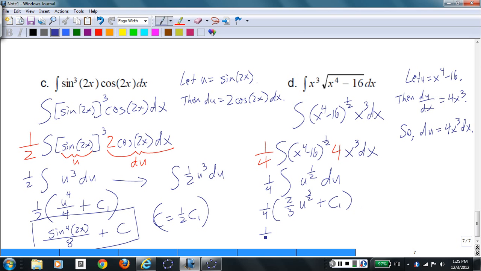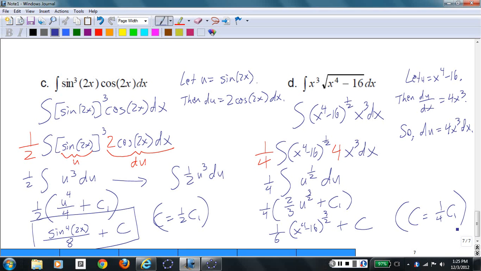So this is going to be 1/4. Actually, save a step there. 1/4 times 2/3 is going to be 1/6 times x to the 4th minus 16 to the 3/2 plus c, where c equals 1/4 of whatever c sub 1 was.